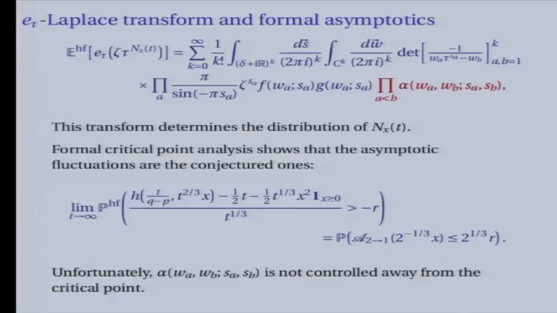And this function alpha is not really very nicely controlled away from the critical point. So essentially, maybe it's bounded by 2, say, but it gives you something which is like 2 to the k squared, and we can't yet control that. So there's some work to be done, but apart from that, at least this shows the right asymptotics.